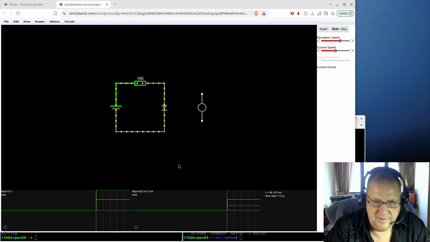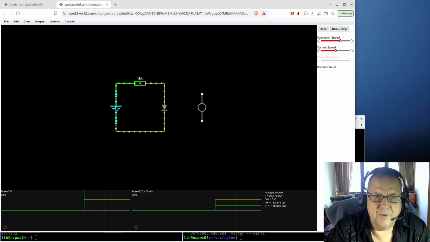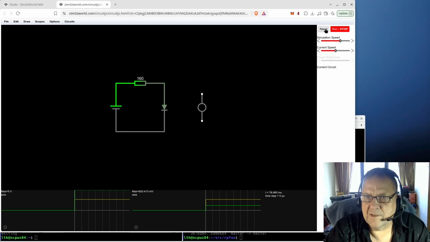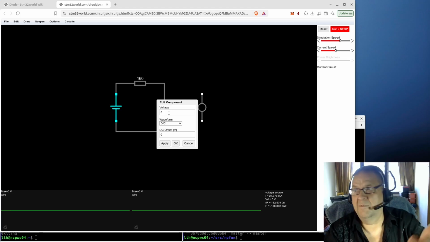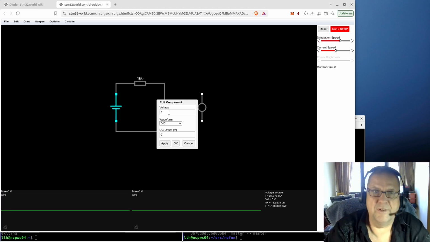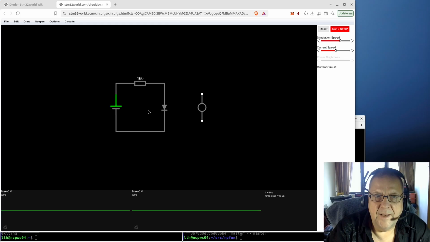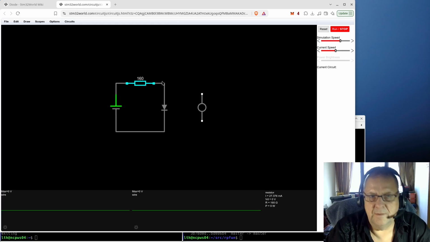Now, in this circuit simulation, we have a voltage source over here. Actually, let's stop and reset. Over here, we have a voltage source of 5 volt. It could be 3.3, it doesn't matter. Then we have a resistor of 160 ohm, and then we have a diode.